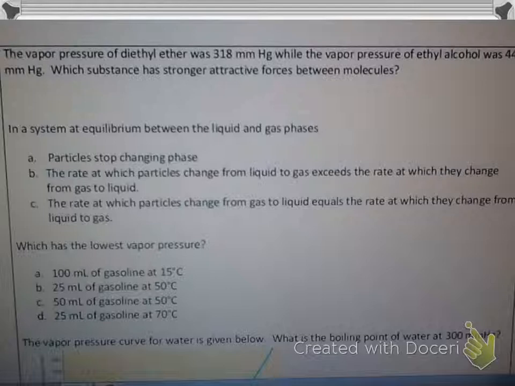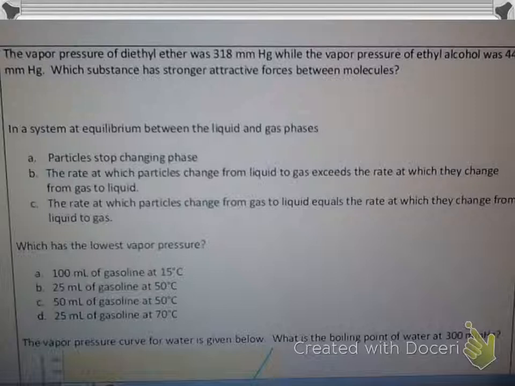Alright, so let's try to see if we can wrap our heads around these concepts of volatile liquids, high vapor pressures, low intermolecular forces, vapor pressure versus temperature. Here's a few example problems.